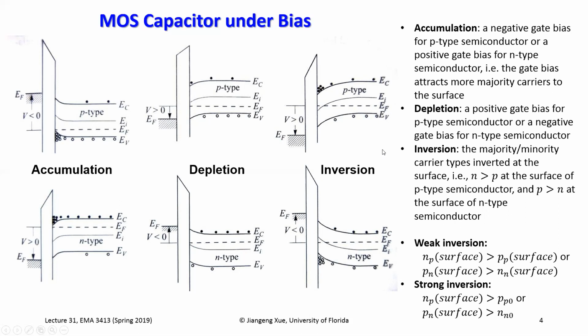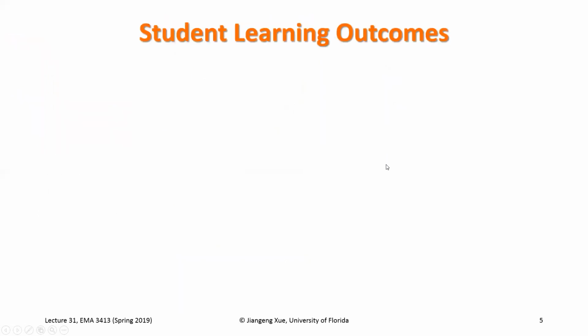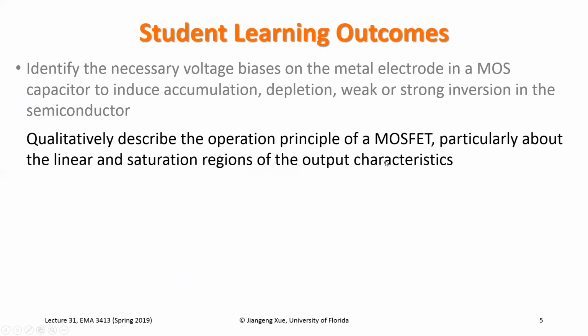So these are so-called MOS capacitors, metal oxide semiconductor capacitors. You can also use them to make actual devices called MOSFETs, field effect transistors.